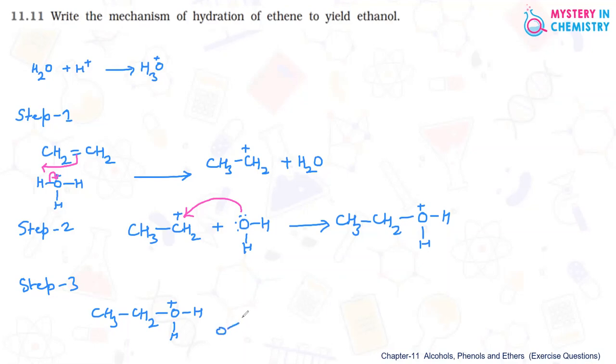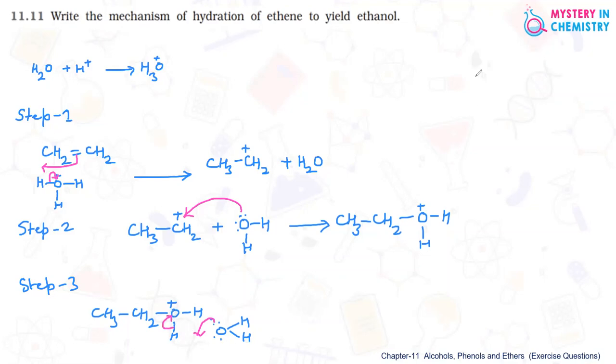So water is one hydrogen here, and two electron pairs are here, and this electron pair is forming bond in between oxygen and hydrogen. And this bond between oxygen and hydrogen will be no more here, and the electron is given to oxygen.